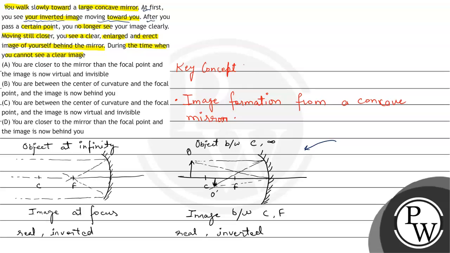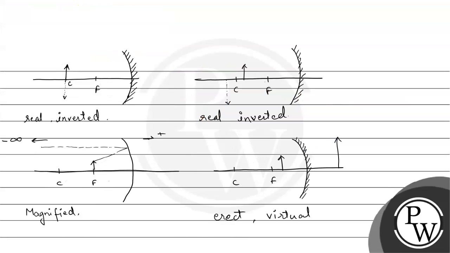Then after you pass a certain point, you no longer see your clear image. Okay, so after we pass C, we cannot see our image.